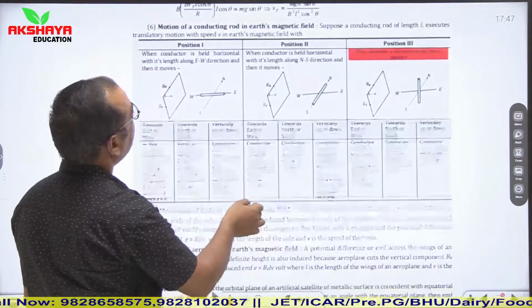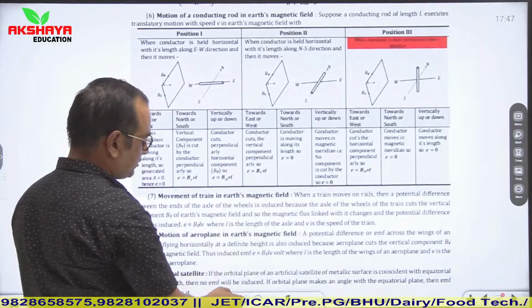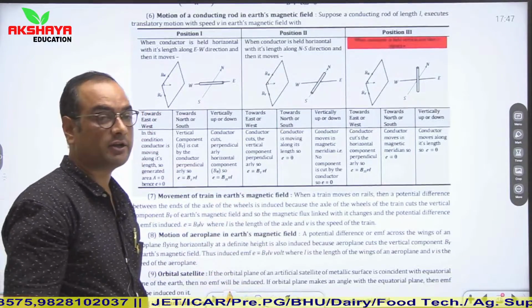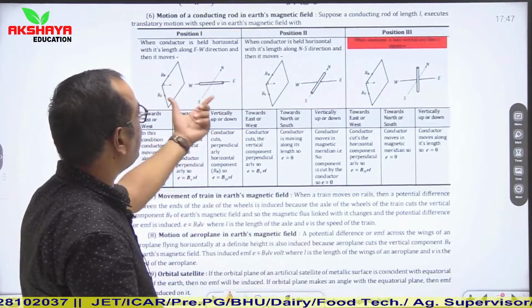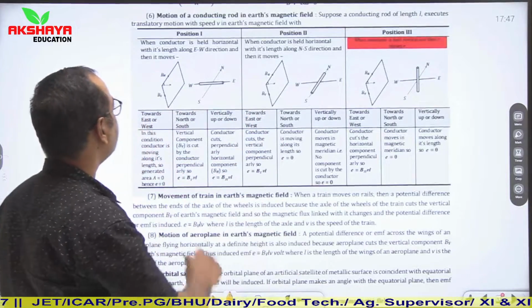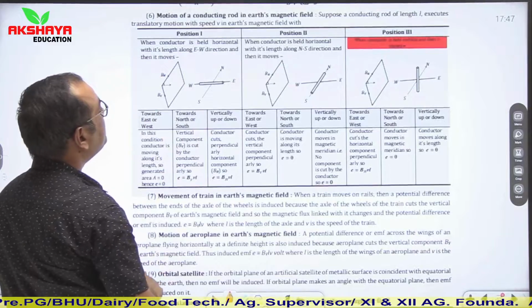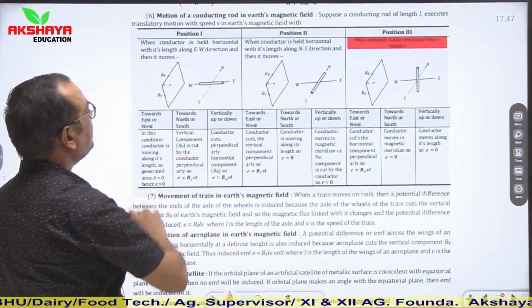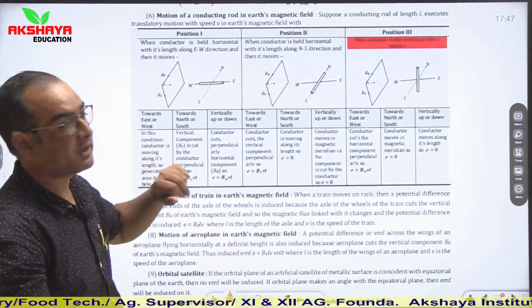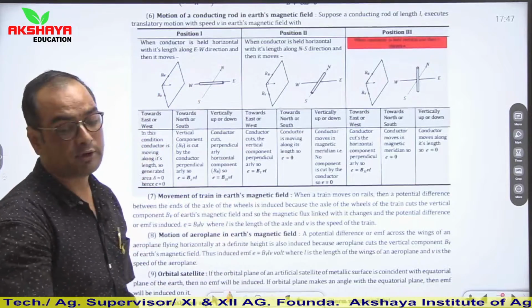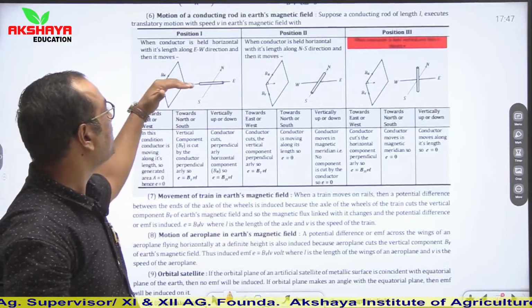Now, motion of a conducting rod in Earth's magnetic field. Whenever we talk about this, three positions are given. In the first position, the conductor is held horizontal with its length along the east-west direction and then it moves. Let us say it is placed in the horizontal direction along east-west.